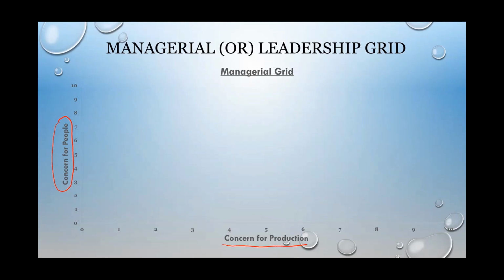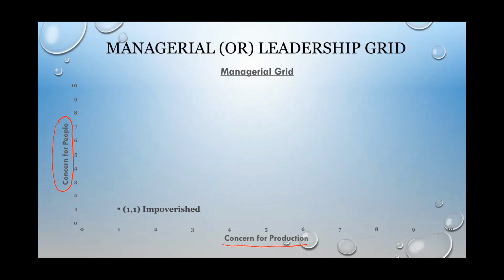Based on this, let us understand different types of leadership style. We will discuss 5 different types of leadership style, and later we try to analyze how 81 different styles can be explained using this grid.